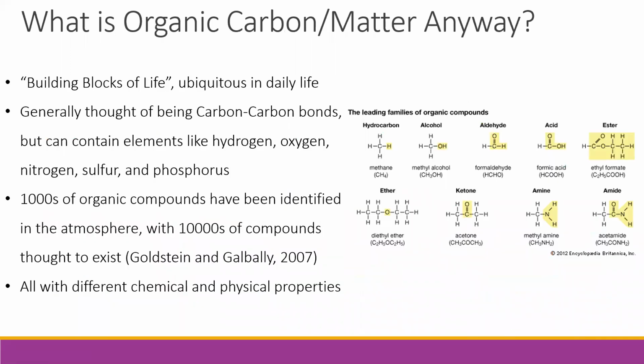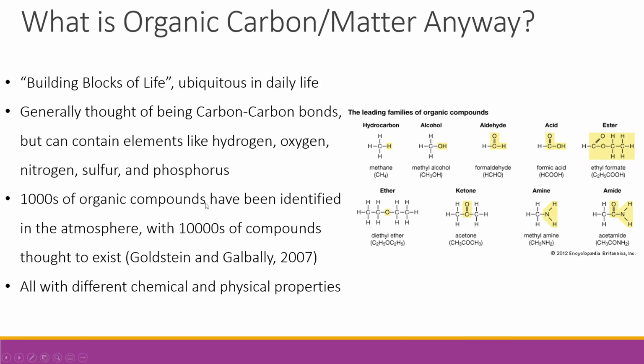So we keep talking about this really important growing fraction of the aerosol, so it's worth discussing what exactly organic carbon is. It's generally thought to be the building blocks of life. We are carbon-based life forms, and it's ubiquitous in our daily life. Generally, organic carbon is made of carbon-to-carbon bonds, but they can also contain elements such as hydrogen, oxygen, sulfur, phosphorus, and all of the different combinations of these elements.